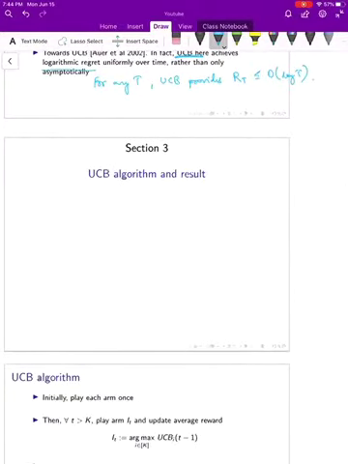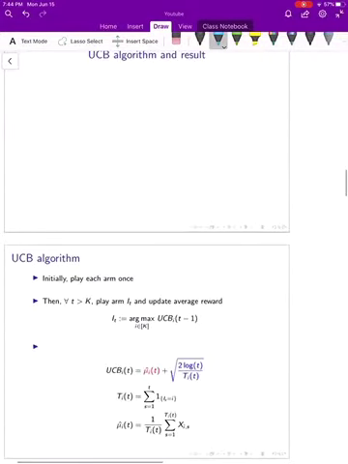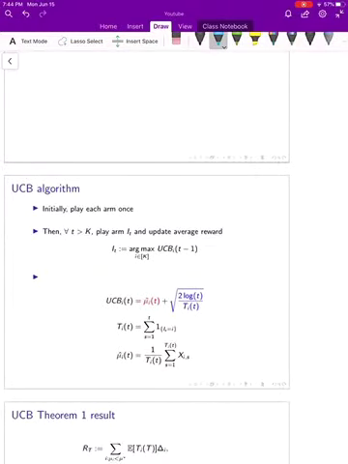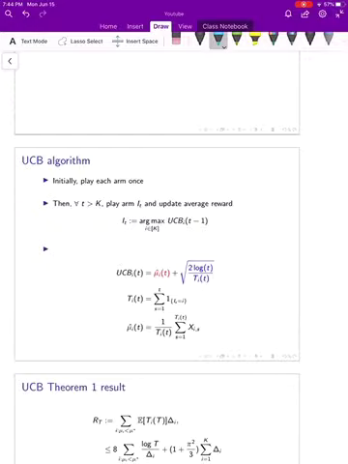Now moving on to the UCB algorithm. The algorithm plays every arm once.